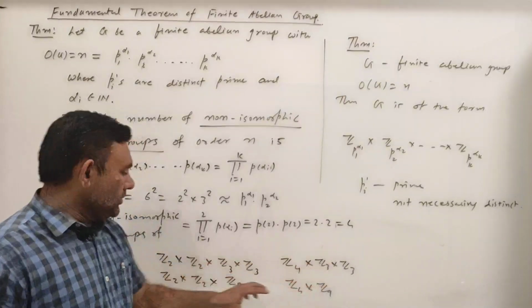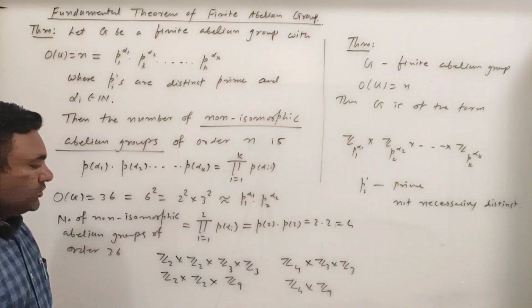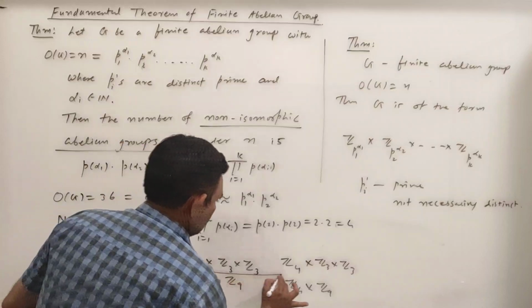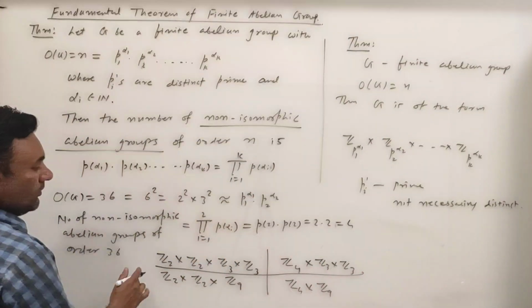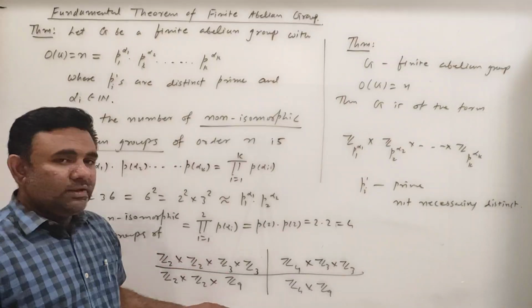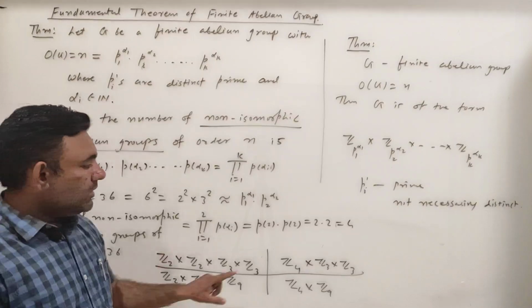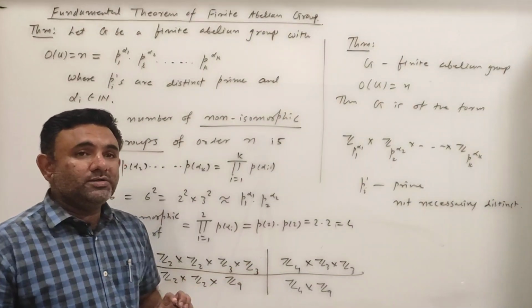All 4 are abelian because all Zn's are abelian. So I have 4 groups. ये कैसे मैंने फाइंड किए? I will explain how to find this, but these are 4 abelian groups of order 36.